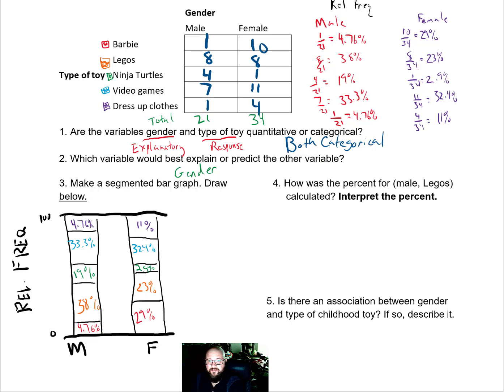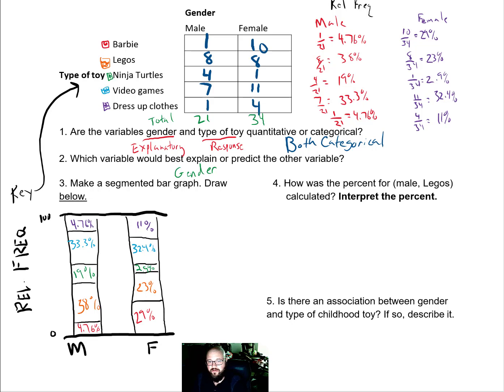Alright, so my key is right here. I don't want to rewrite it, but we just use those colors, so therefore you know what is what, because you have to do that, okay?